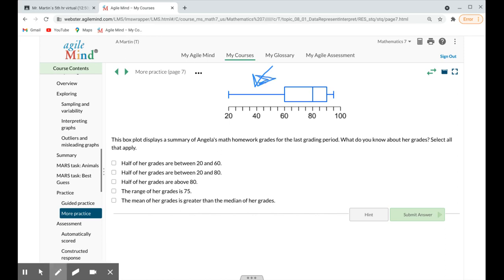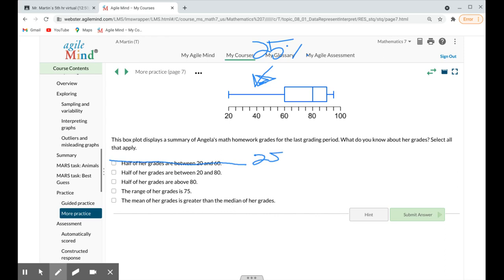Braden, how many percent would that be? Remember at the beginning of class, I said that a box plot represents 100% and it's split into 4 sections. This is only one section. So how much is it actually representing? Is it 25? Correct. Since this is 25%, this cannot be correct.